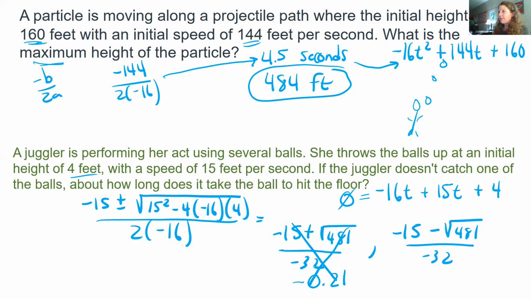However, if I put in the other formula, negative 15 minus the square root of 481 divided by negative 32, I get a positive 1.54 seconds, which makes sense.